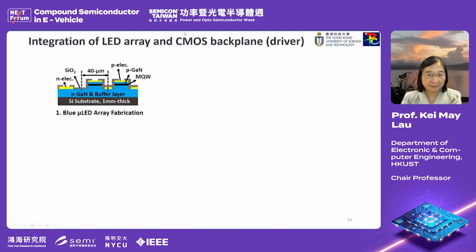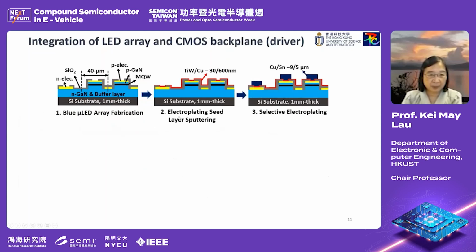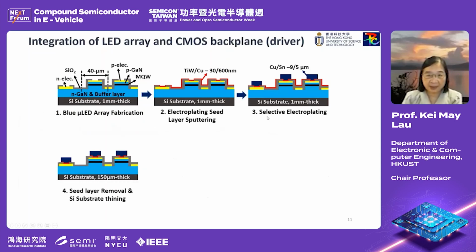I can quickly go through how we make the LED array and combine it with the CMOS driver. The LED array is grown on silicon; it's a blue LED array grown on silicon. Then you can process it into whatever pixel size you like.